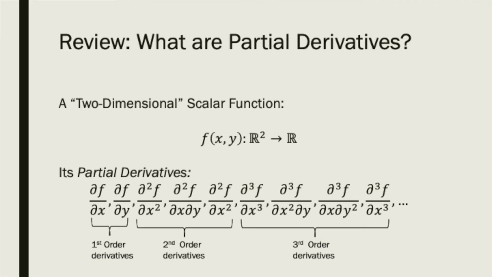Recall the definition of a partial derivative. If an equation has multiple independent variables, we call differentiation with respect to one of these variables a partial derivative. We denote these using a kind of curly D notation. In this example, for our two-dimensional function f, we see that there are multiple combinations of partial derivatives for each order.